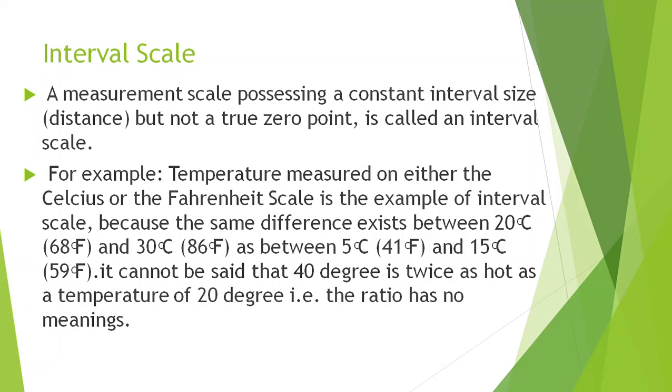The 0 Celsius shows a specific type of temperature. So this is the main difference: the 0 is not showing its true value, but it is indicating something. So this is called the interval scale.